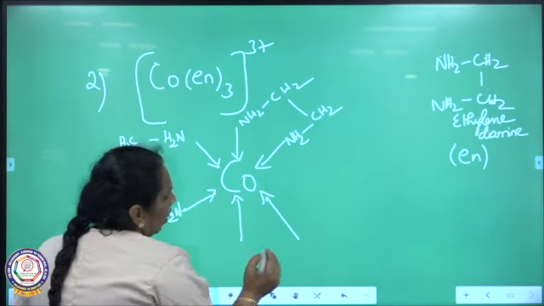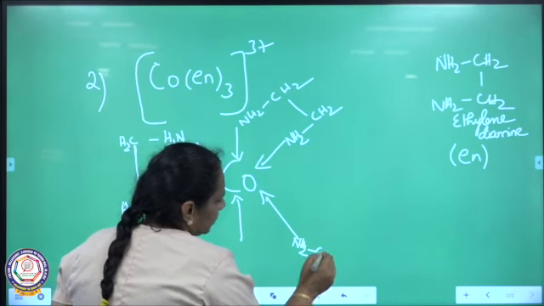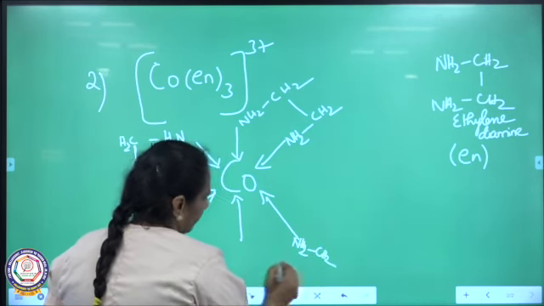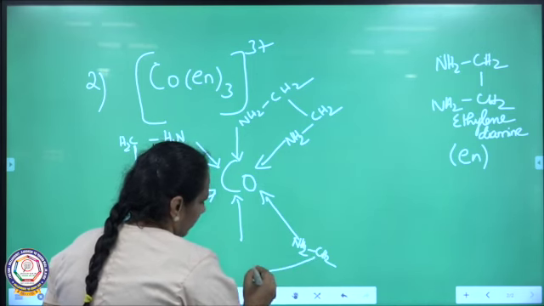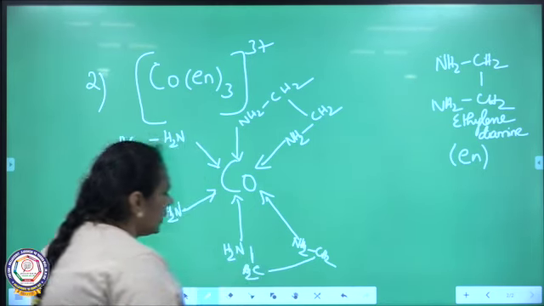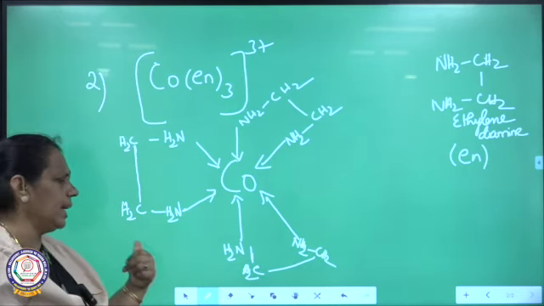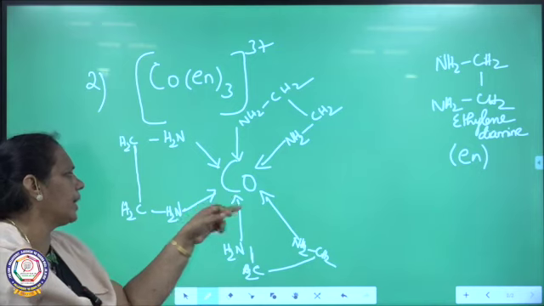There is one more ethylene diamine like this, NH2, CH2. So this is again another ethylene diamine. So there are 3 ethylene diamine molecules which are bonded to the central metal ion.